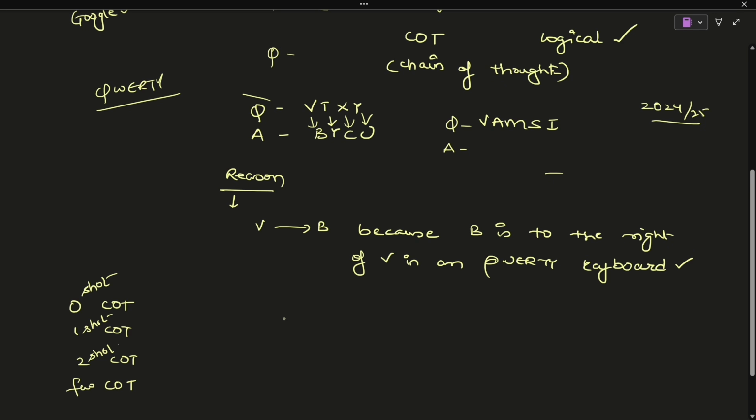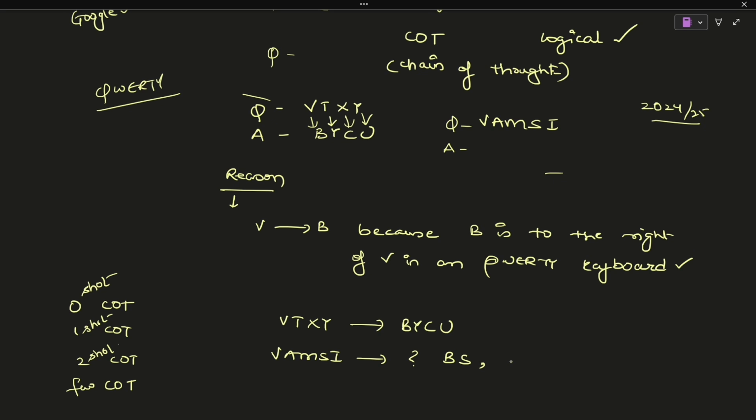What does this mean? It's 0 shot COT, 1 shot COT, 2 shot COT, or few shot COT. Now basically, when I explain the logic for VTXY to BYCU, if it is able to give you the answer for VAMSI, that's awesome, right? But let's say it is messing up the answer, it's not able to compute it rightly, then you will again explain the logic of the answer for VAMSI, which is, for example, to the V you have on the right side B, for A you have S, for X you have comma, am I right?